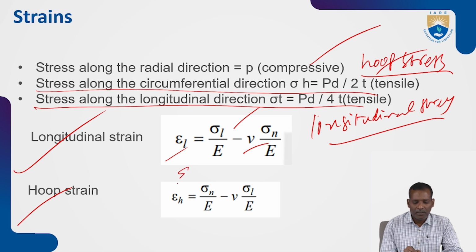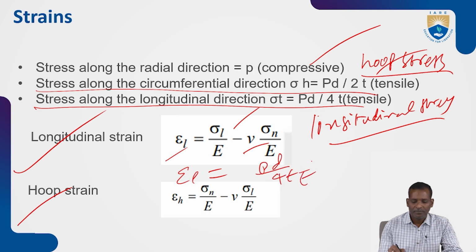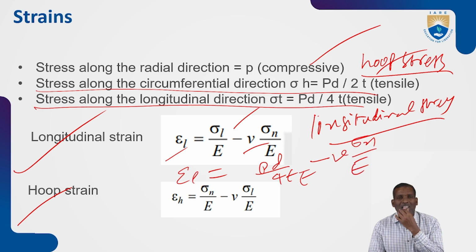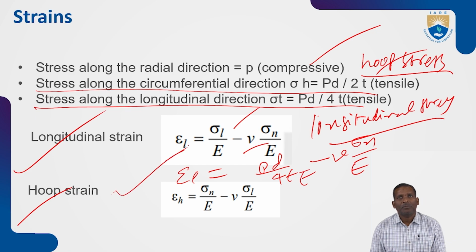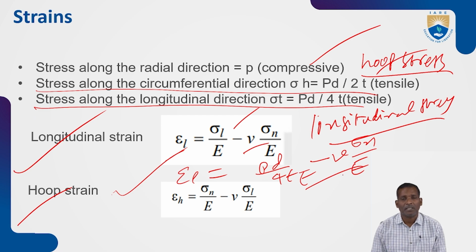So epsilon L is equal to Pd by 4tE minus mu into sigma h by E. So by using the stress equation, you can find the longitudinal strain. After simplification, you will get the longitudinal strain.